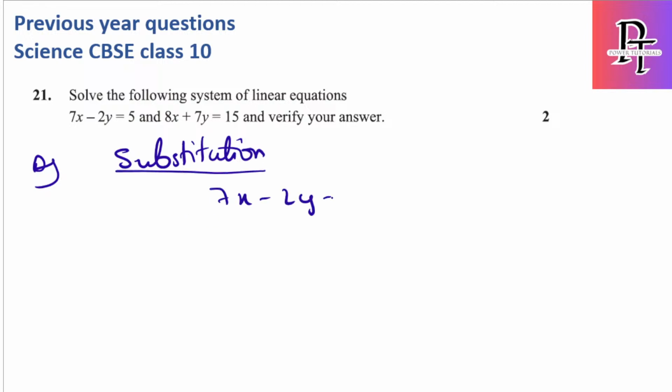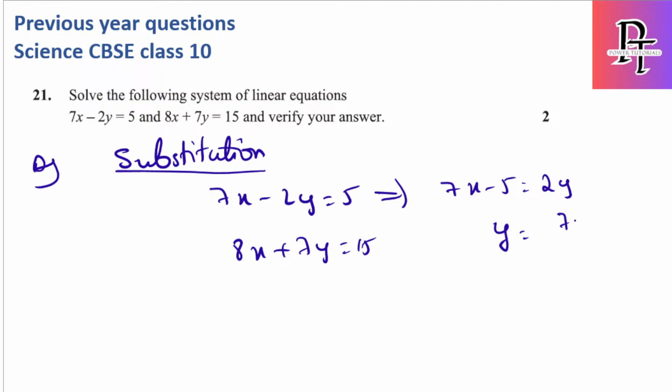7x minus 2y is equal to 5. The second equation is 8x plus 7y is equal to 15. So what I will do is I have to get one variable in terms of other variables. So here what I will do is 7x minus 5 is equal to 2y. I just move number to left side, y variable to the right side. Now from here I can say y is equal to 7x minus 5 by 2.